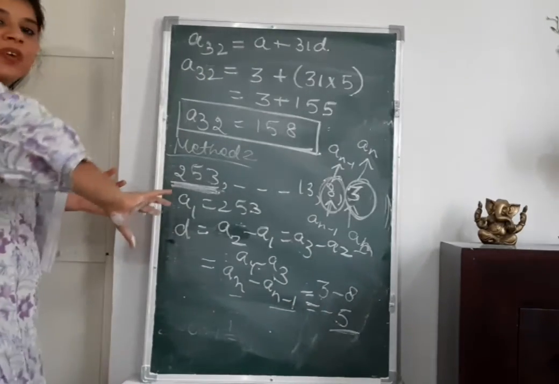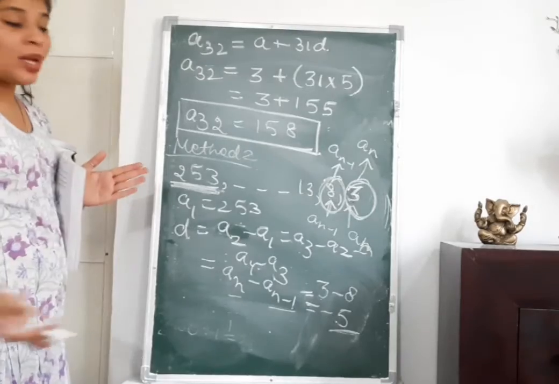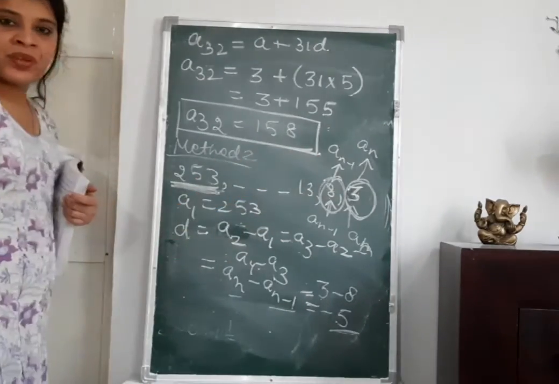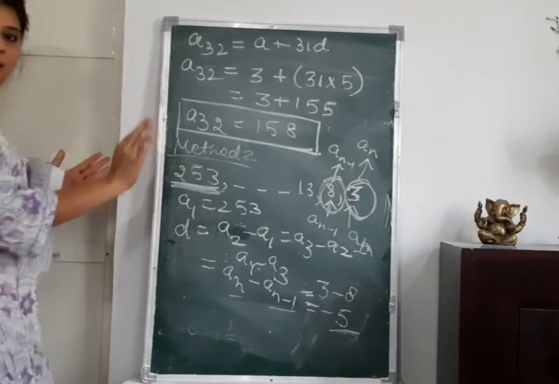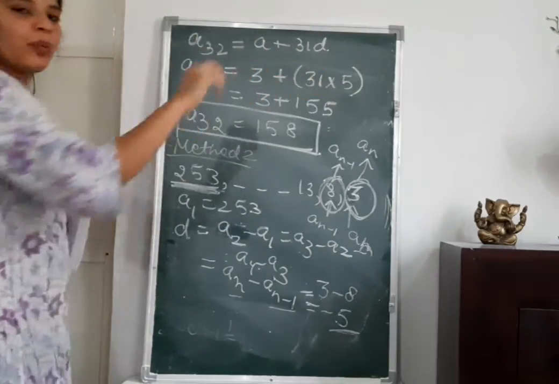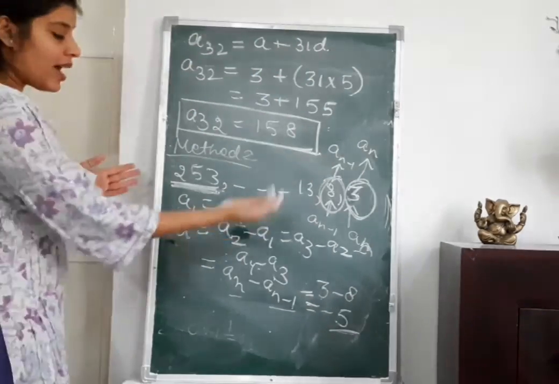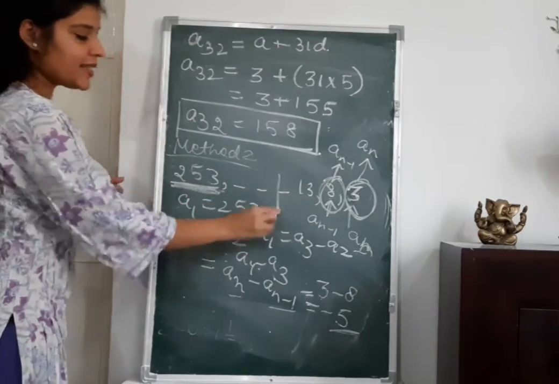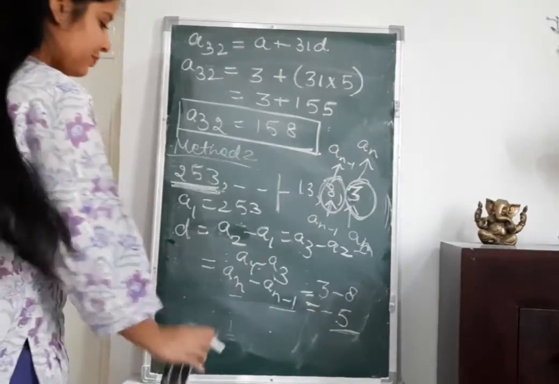Now as I have reversed the series, what I have to do? I just have to find out the 20th term of this series, right? Because I have reversed the series and in that I had to find out the 20th last term. But now as I have reversed the series, it is going to be the 20th term of this series, right?